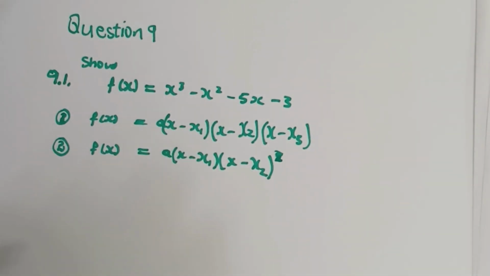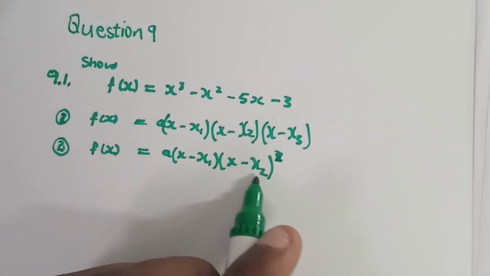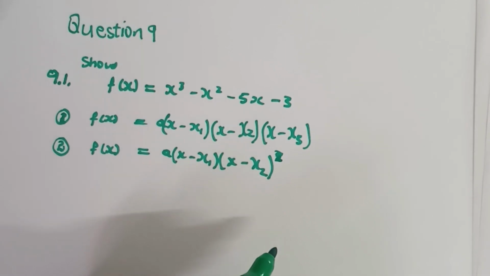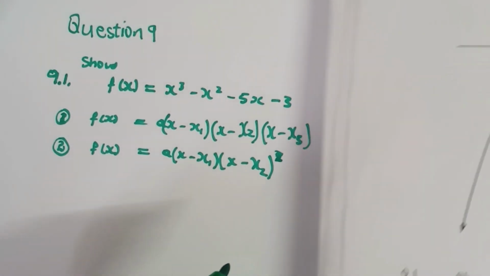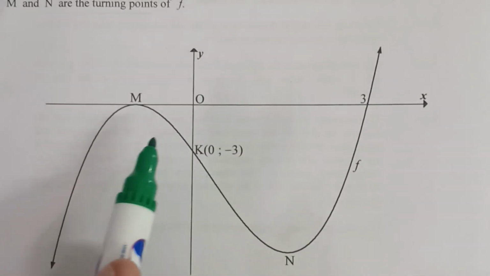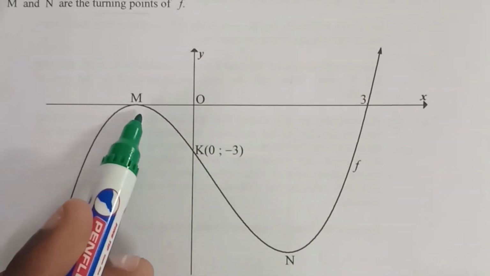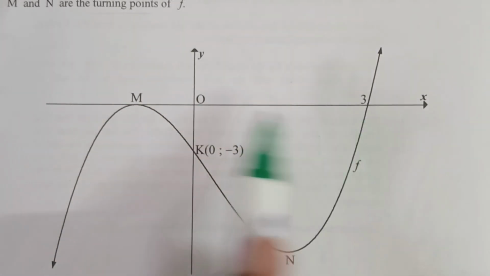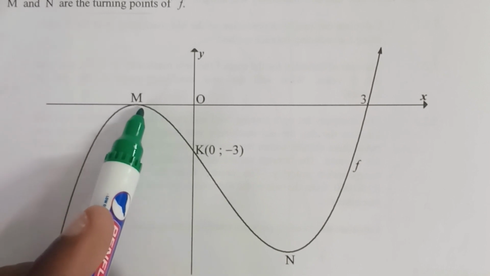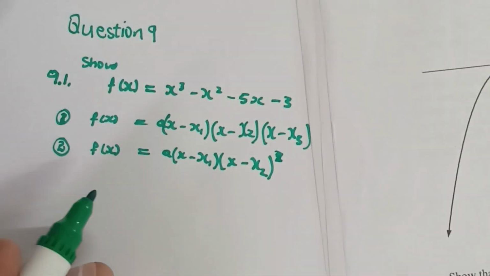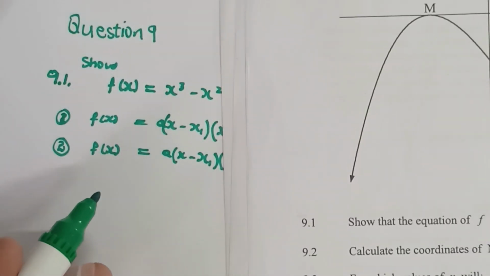So if that point is a turning point but also an x-intercept, you can use this one. Now, since we saw that, we can apply it to find the general equation, because we have an x-intercept here and then an x-intercept but with a turning point. So let's use this general form to find the equation.